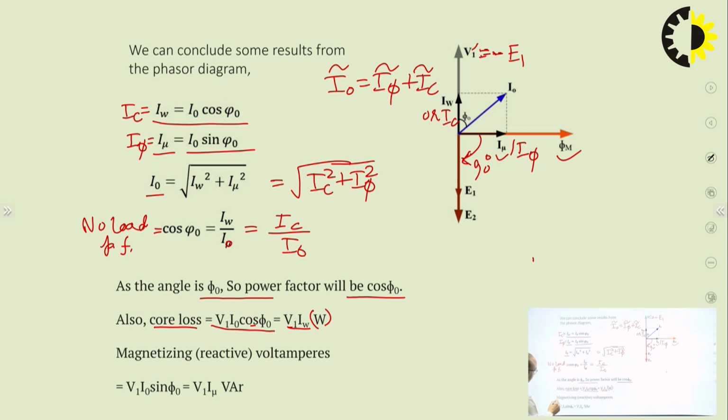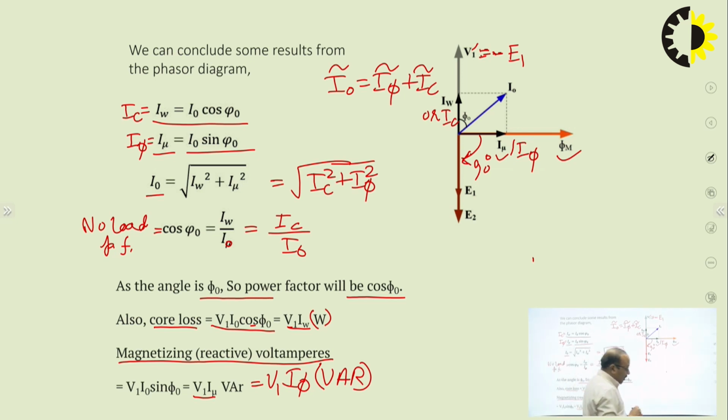And the magnetizing volt ampere, that is reactive volt ampere, will be equal to V1 I naught sin phi naught, or V1 I mu, or V1 I phi, with unit VAR, volt ampere reactive, which is the unit of reactive power. So these are some components which will be there in the transformer at no load condition.